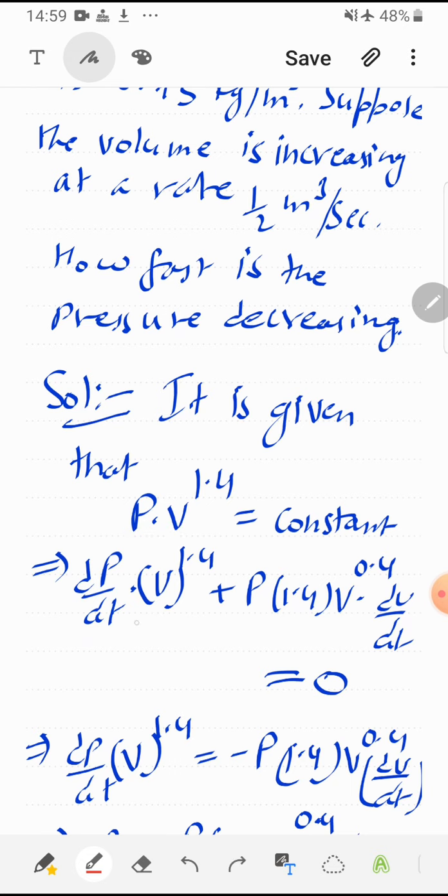So dp by dt, derivative of P, and V raised to the power 1.4 as it is, then P as it is, by power rule 1.4 comes in front of V, and 1.4 minus 1 is 0.4, into the derivative of V, which is dv by dt. Right hand side is simply 0 because this was constant, so no issue.